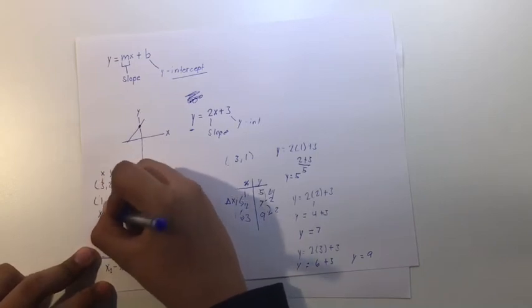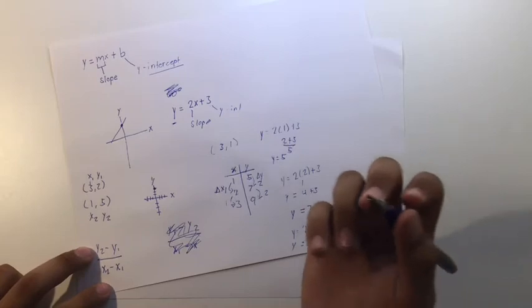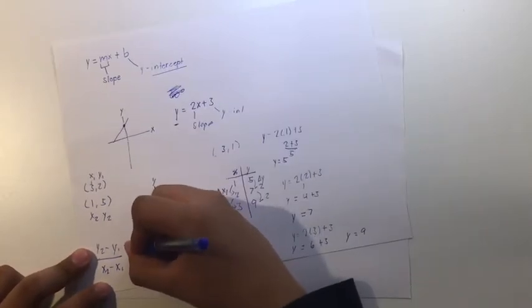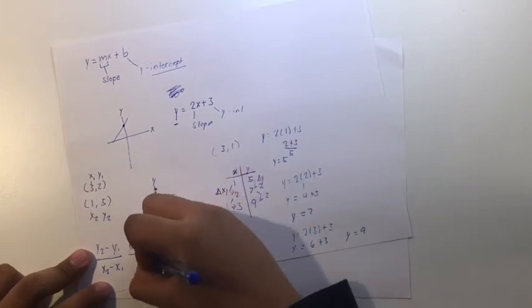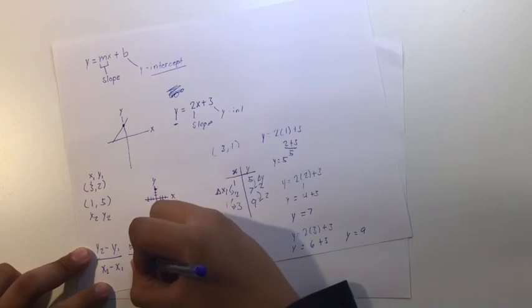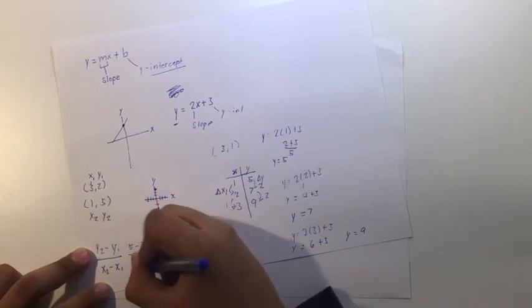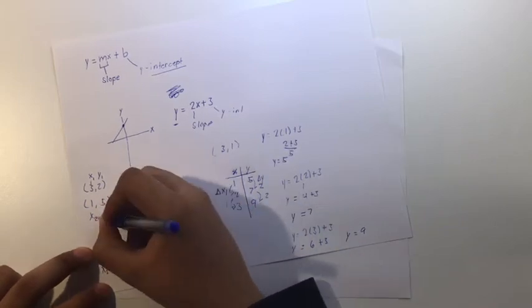You would just plug in values: y2, which is 5, minus y1, which is 2, over x2, which is 1, minus x1 being 3.